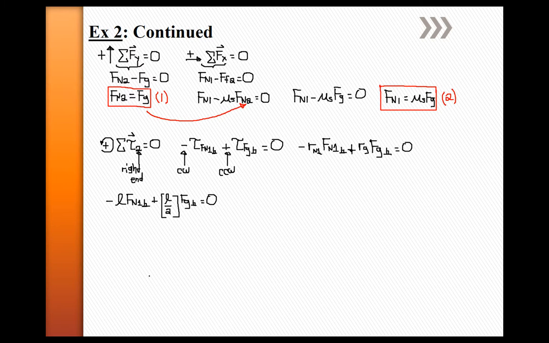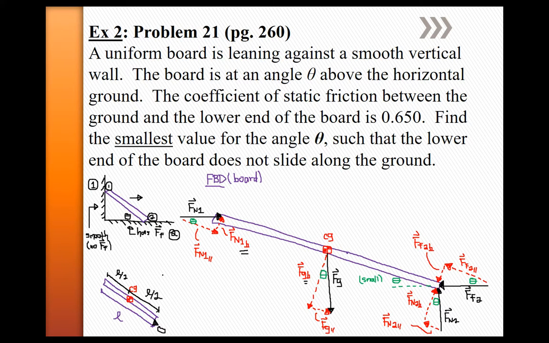is equal to 0. Now we also need to expand these perpendicular components in terms of the angle and the hypotenuse of the triangle. Let's look at Fn1 perpendicular. What is Fn1 perpendicular equal to in terms of theta and Fn1? Well, it's the side opposite. So sine of theta would be the magnitude Fn1 perpendicular over Fn1.